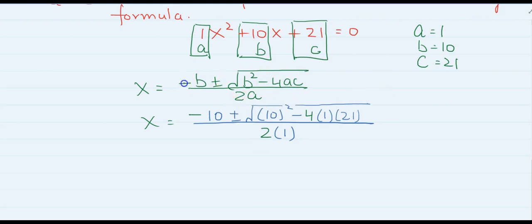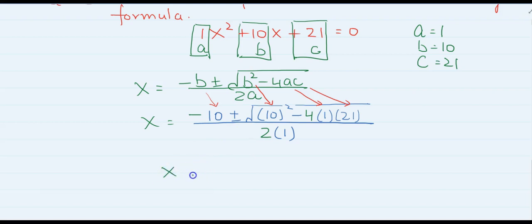So what you have seen in this formula, we have put b as 10, that is b square, a is 1, c is 21 and a is 1. That's all we have done in this, and now we are going to solve it.